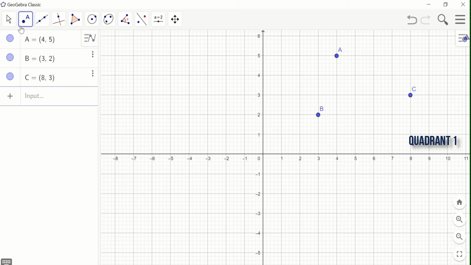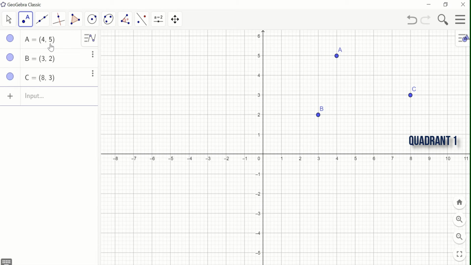So for A, you have 4. This represents your x value. Since it is called an ordered pair, with a certain order or arrangement, you always start with x, the first number. So from 4, since we need to reach point A, you go up. How many steps up? You have 1, 2, 3, 4, and 5.